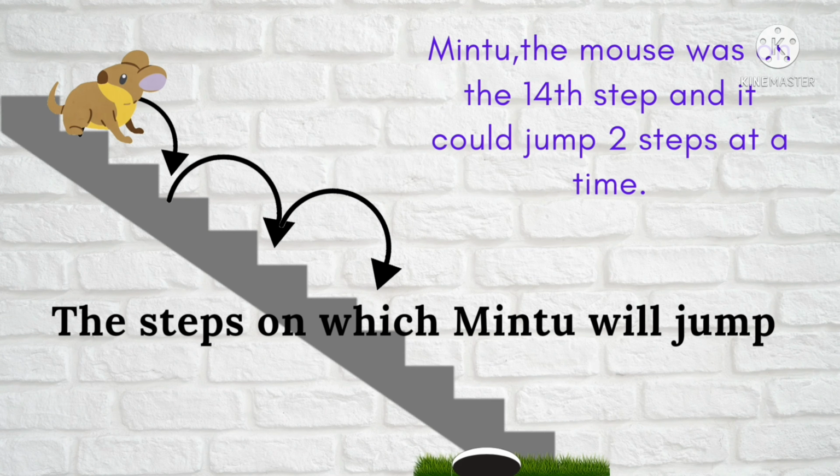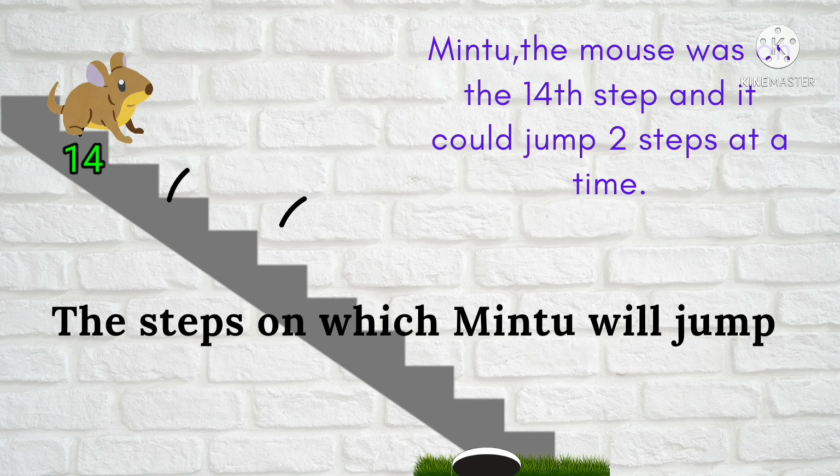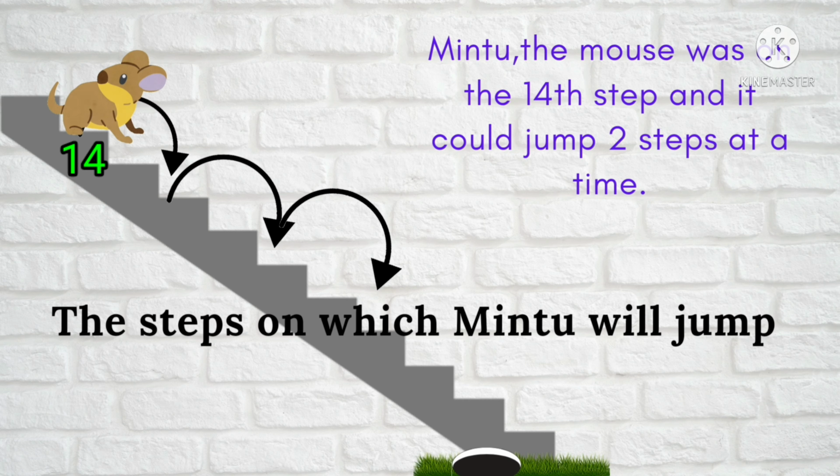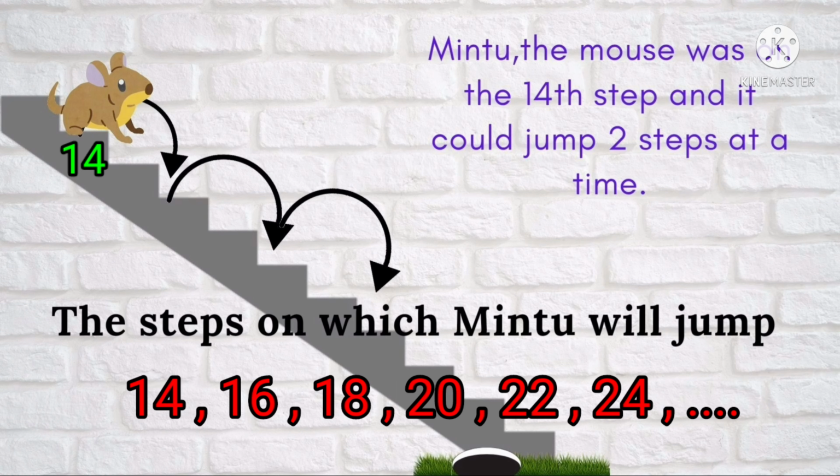Similarly, Mintu, the mouse, was on 14th step and it could jump 2 steps at a time. So, the steps on which Mintu will jump will be 14, 16, 18, 20, 22, 24 and so on.